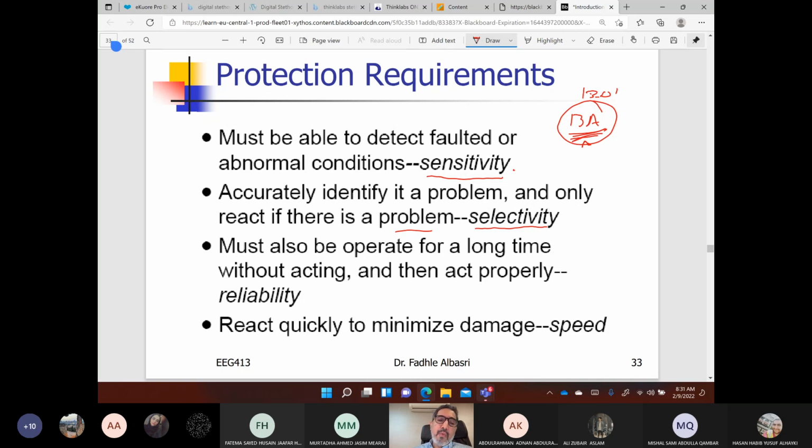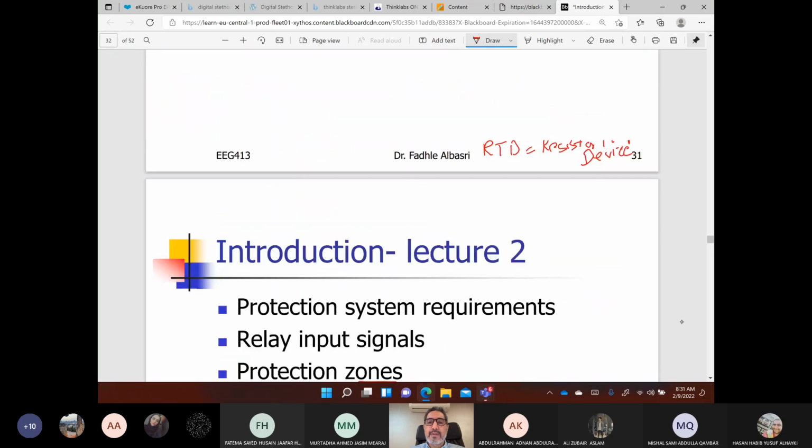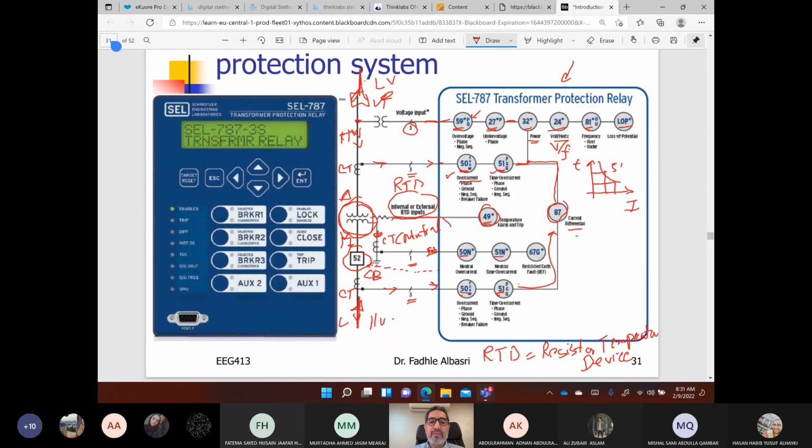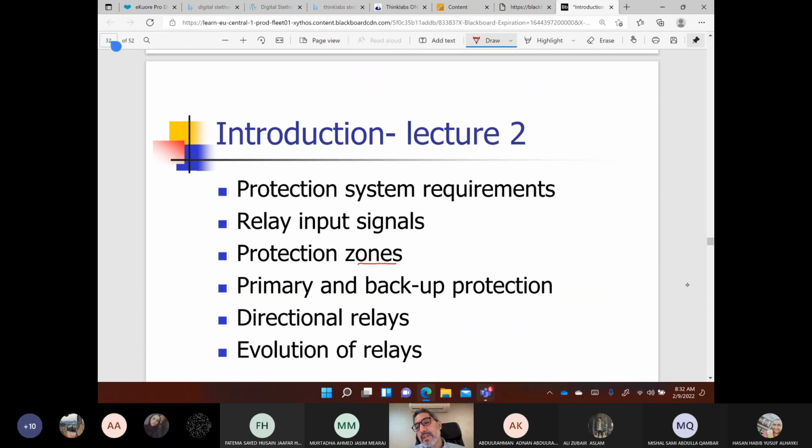So when you have a protection system where the fault is not in the transformer that we are talking about, for example, this transformer and another transformer, when this relay trips this transformer while the fault is not in this transformer and other equipment, this means not selective.